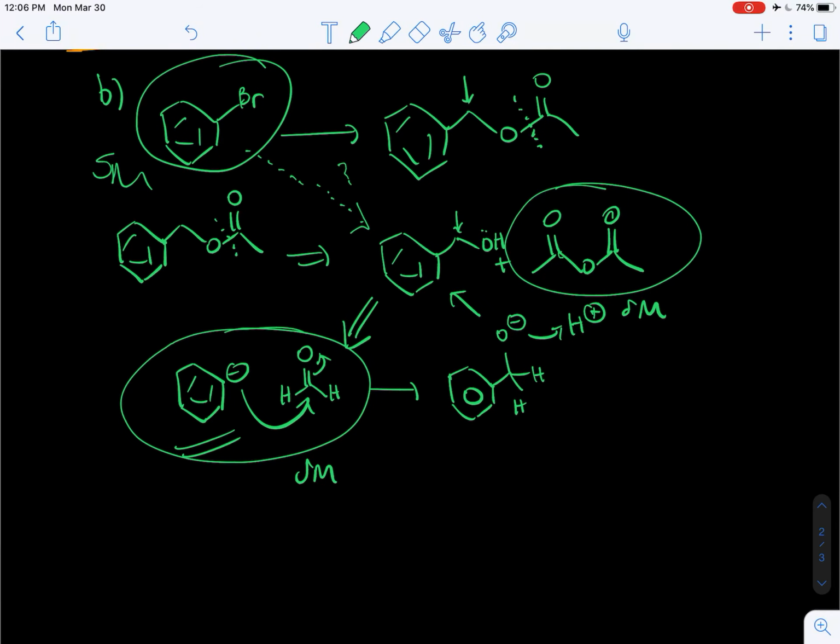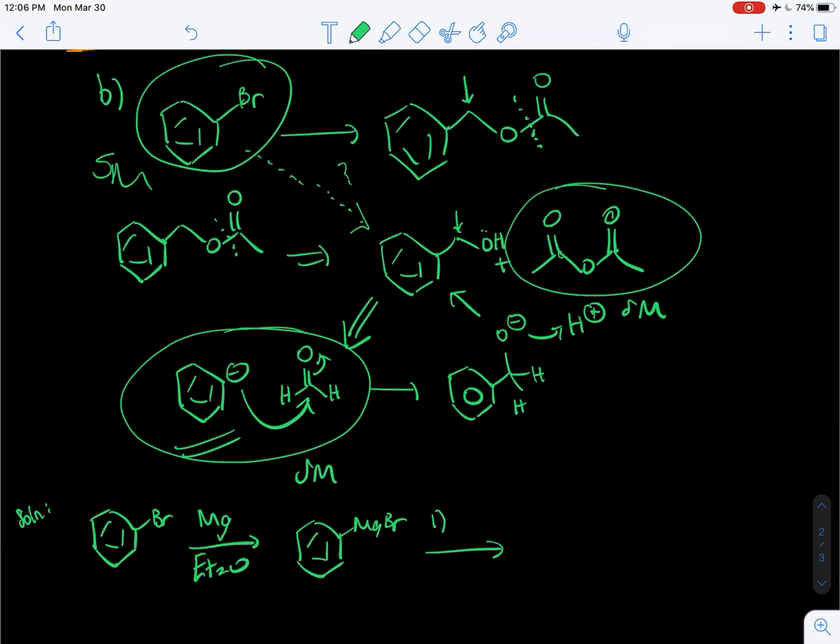So in the forwards direction, I would take my bromobenzene. I would treat this with magnesium in diethyl ether to give me phenyl magnesium bromide. Then I would treat this with formaldehyde, do a water workup, and that would give me benzyl alcohol.